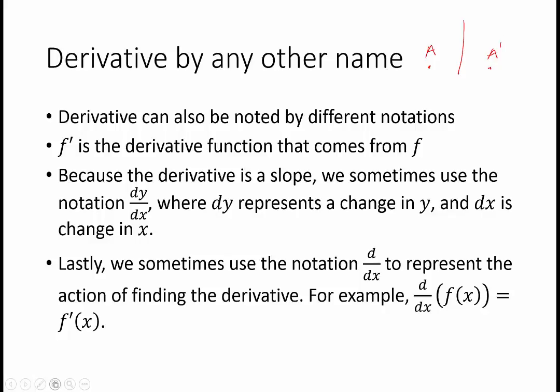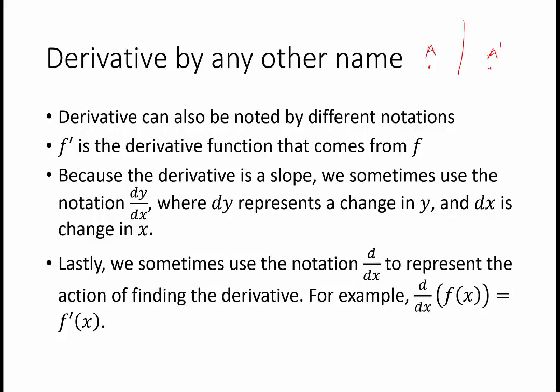And we'll get into later why we call it dx and dy as compared to calling it delta x and delta y. Lastly, we want a verb form of this notation to say what happens when I go and take the derivative. I find the derivative of a function. The action of taking a derivative is called d over dx.